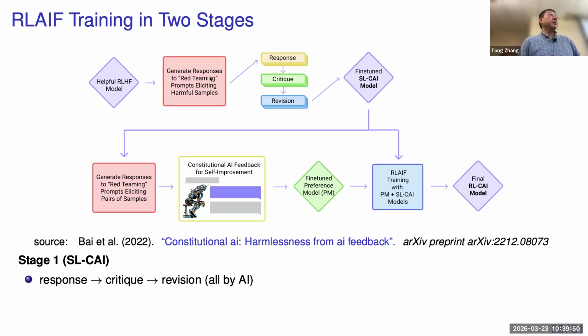Red teaming is just trying to break your safety system, making it generate something undesirable. You give certain adversarial prompts to elicit more desirable behavior, and then you generate the prompts, generate critique, generate revision, and then this one is called supervised learning.